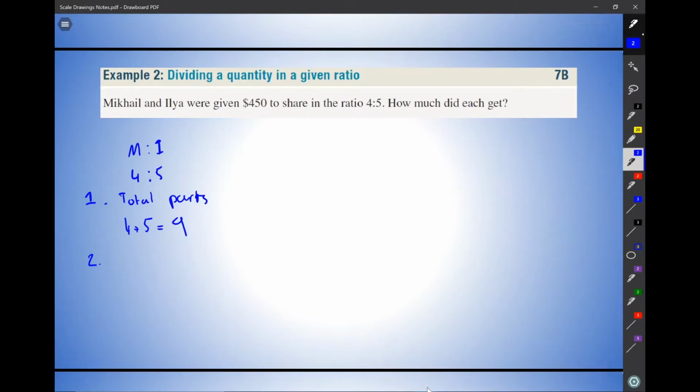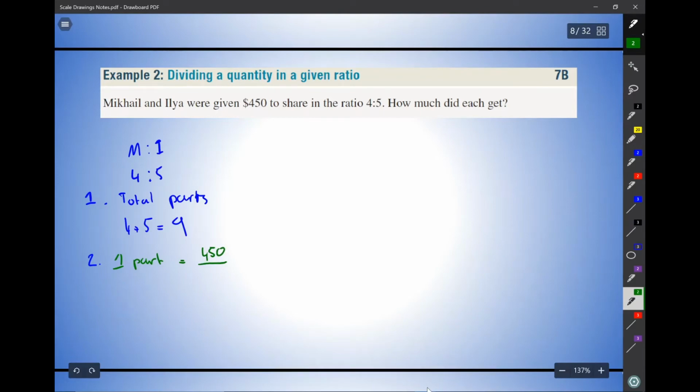The value of 1 part. 1 part equals the total amount that we started with divided by the total parts, which in this case is 9, so 1 part is $50. Step 3, how much does each person get?